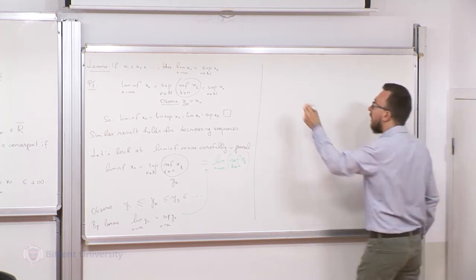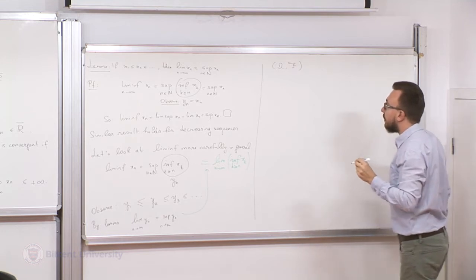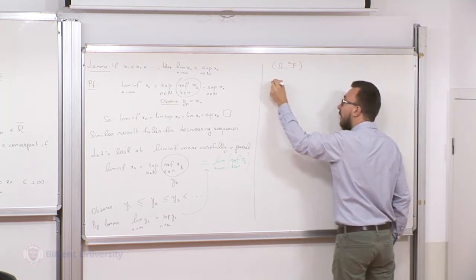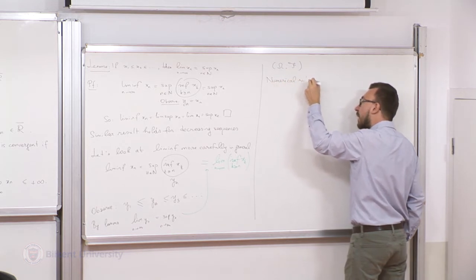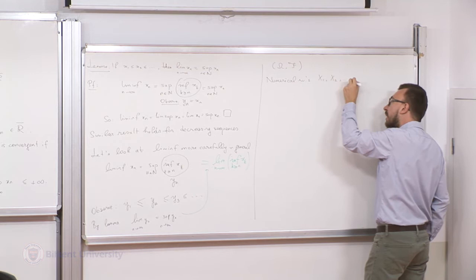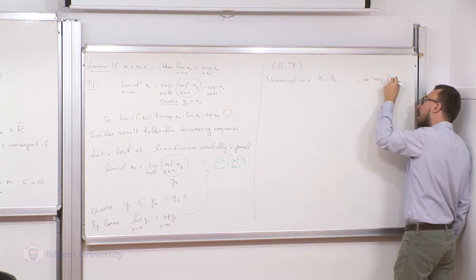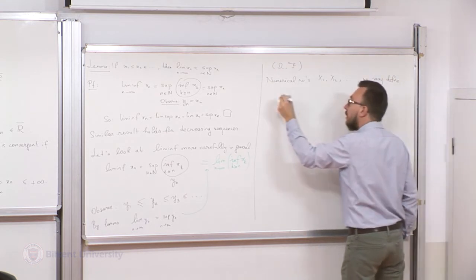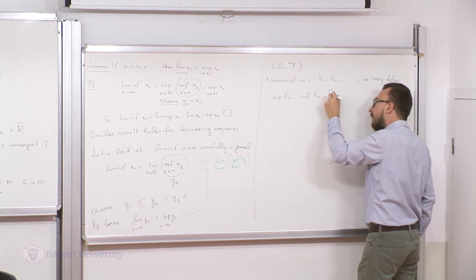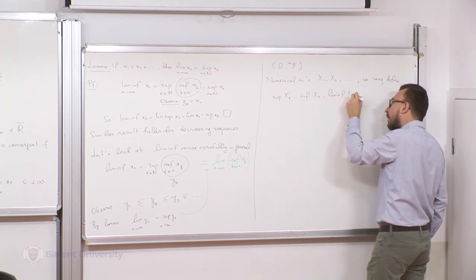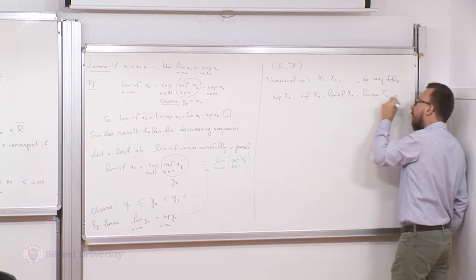So if we have, on a probability space or on a measurable space first, numerical random variables x1, x2, etc., we may define sup and inf and lim_inf and lim_sup in a point-wise manner.